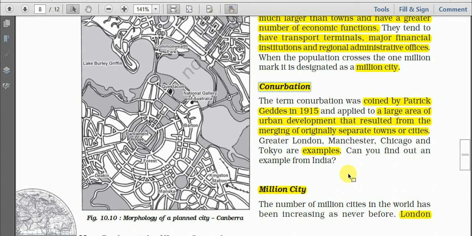What do you mean by this term conurbation? Conurbation is a large area of urban development that resulted from the merging of originally separate towns or cities. So it is like this.